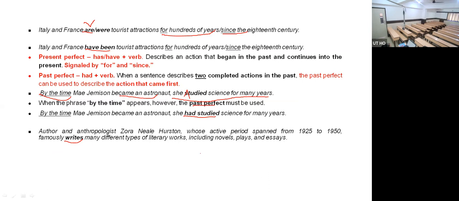Is it correct? Look at the context of the sentence. It says author and anthropologist whose active period spanned from 1925 to 1950. So this is in the past, right? So when this is in the past, will we say famously writes?